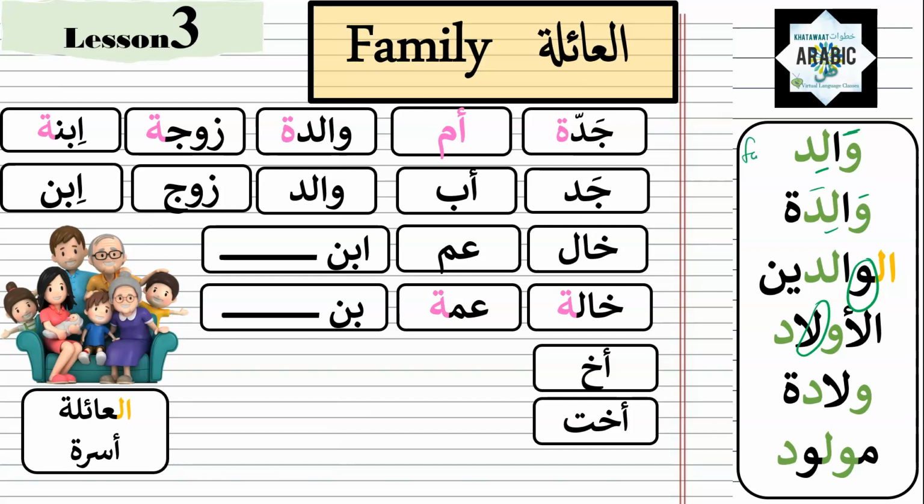Walid is father, walida mother, walidain parents, so that way you're reviewing, and awlad kids, الأولاد, the kids. ولادة is given birth or birth. مولود is newborn. مولود and ولادة. مولود, since it refers to a person, it's not a noun of an action.